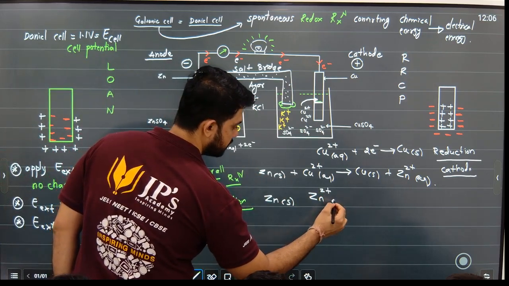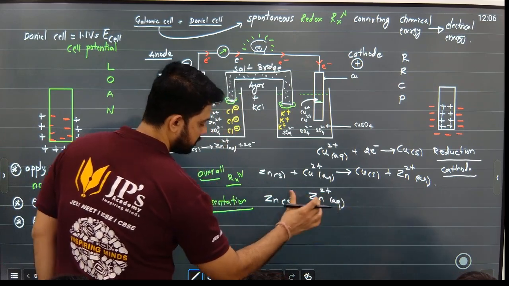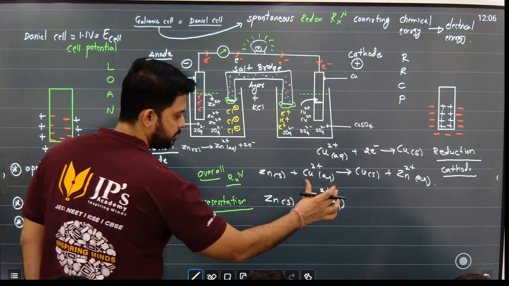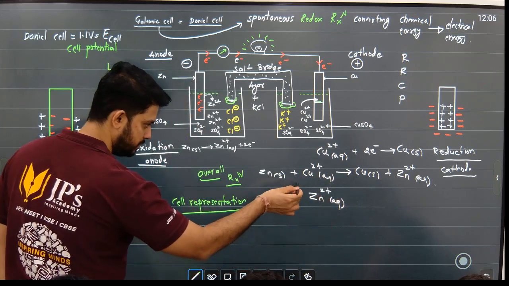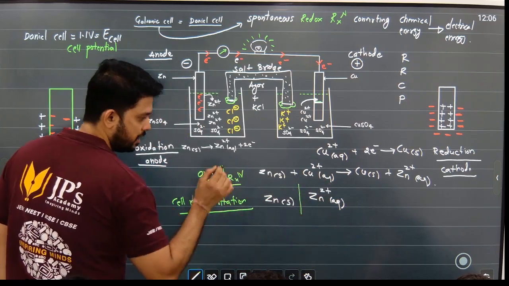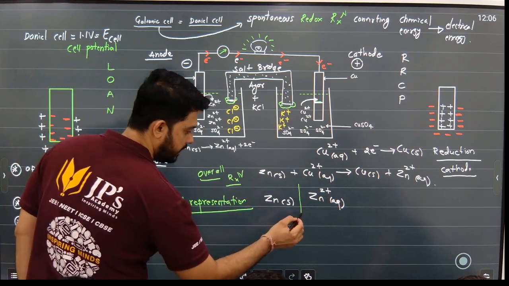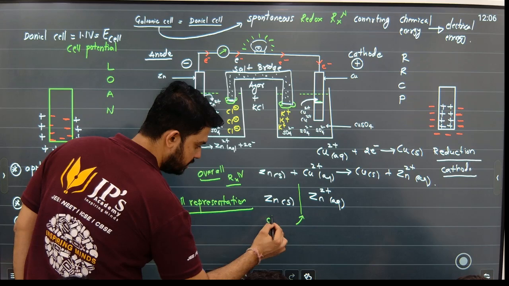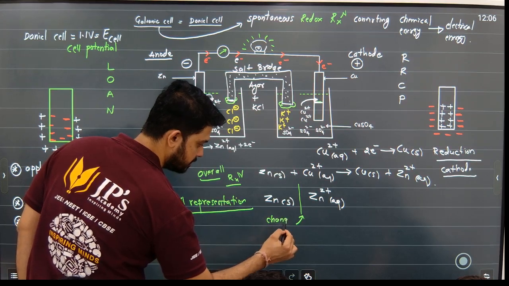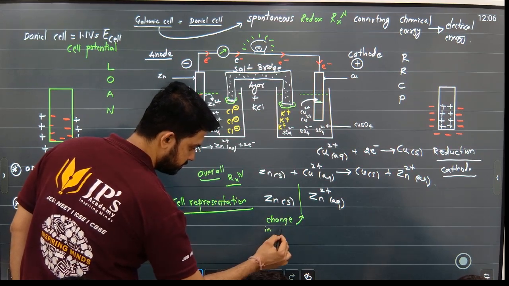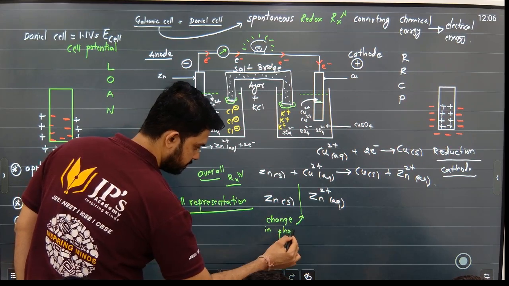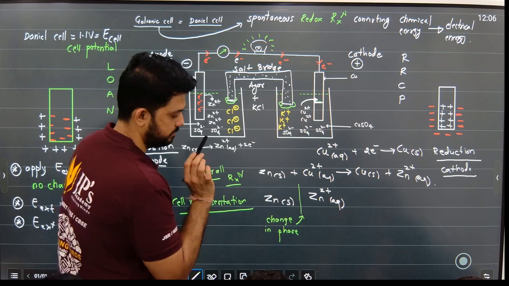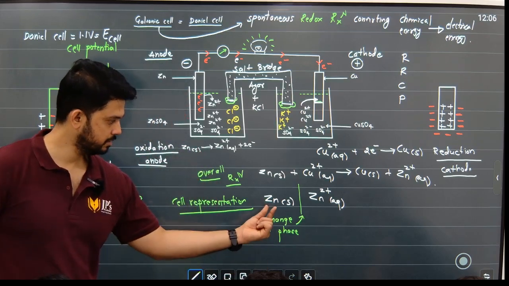The zinc came into the solution in the form of Zn2+, oxidation happened. A single line indicates change in phase. What is the phase here?